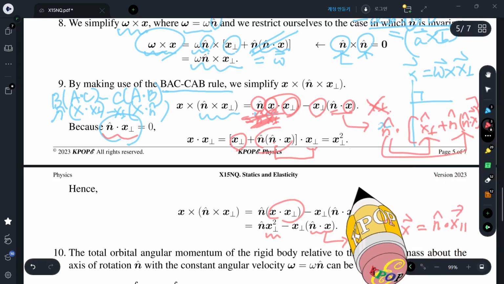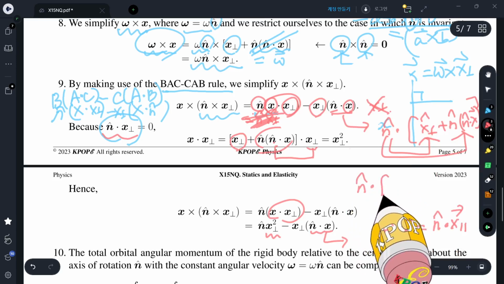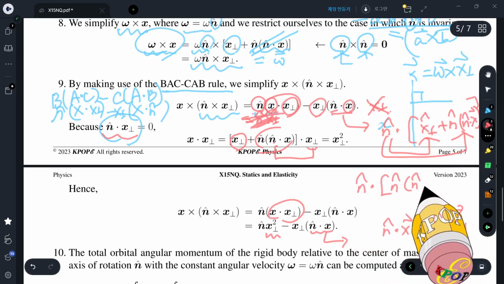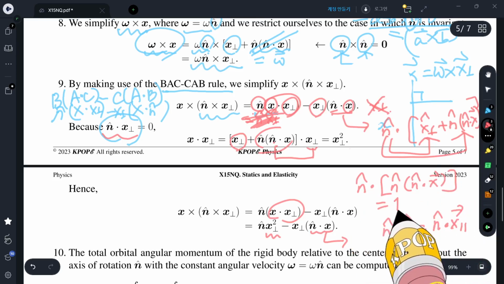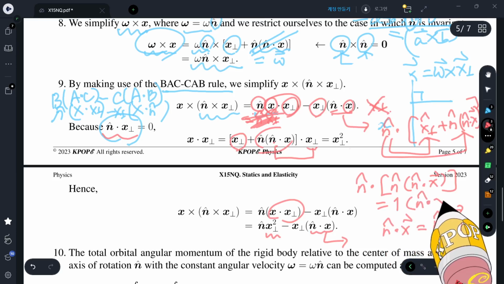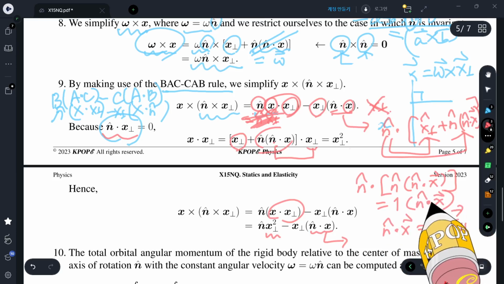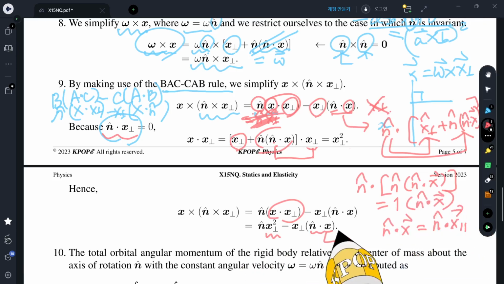If I multiply this as 1 times n hat dot x, I cannot reduce it anymore. So this is the complete form.